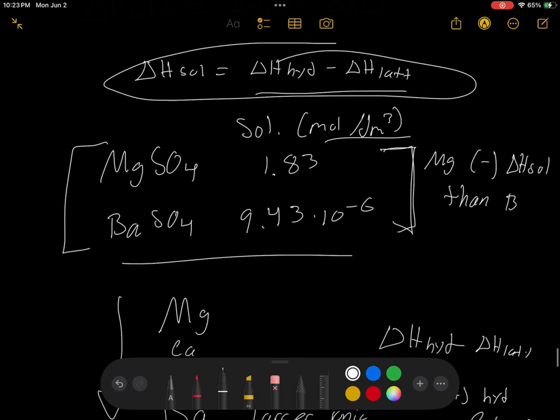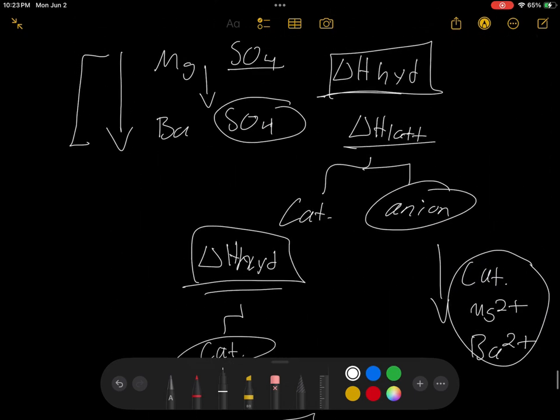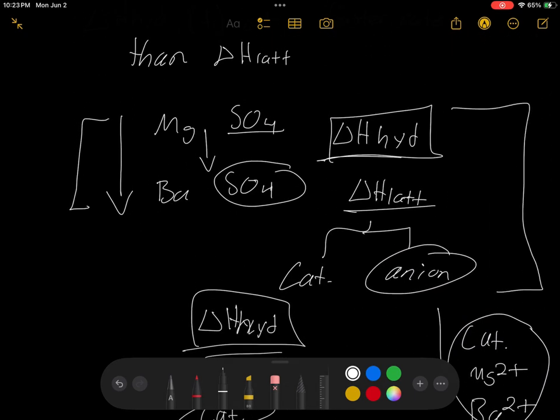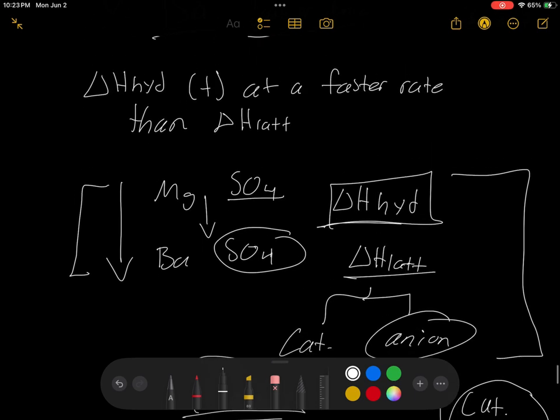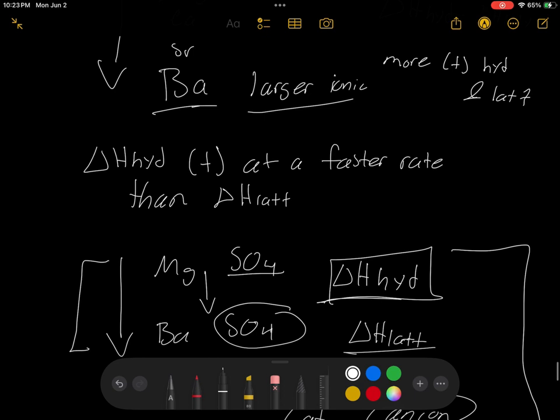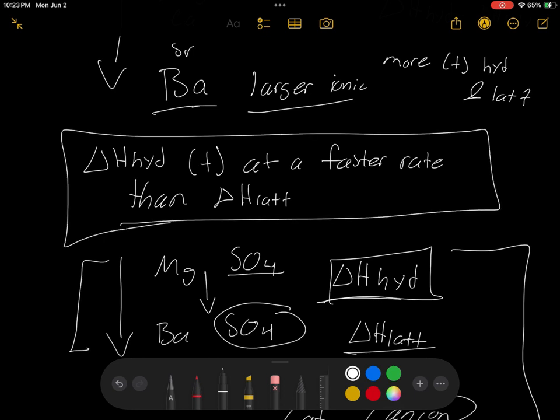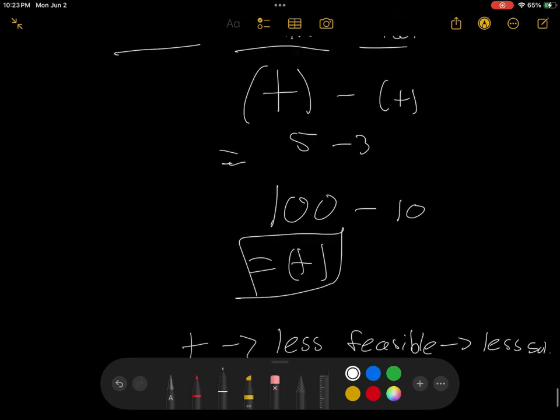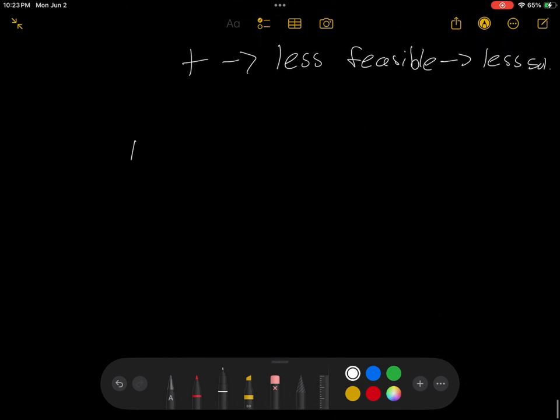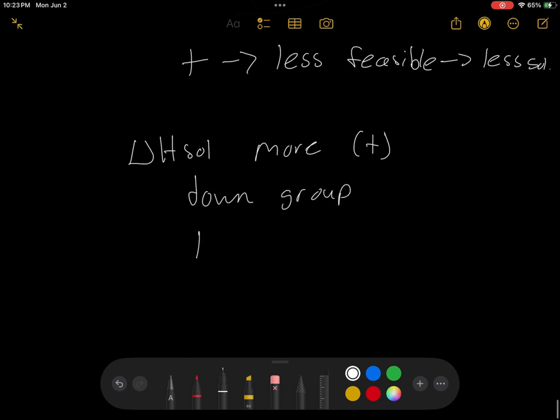So that explanation was super choppy. But all you really need to know is that hydration increases at a faster rate than lattice energy, which, long story short, more times than not means that delta H solution becomes more endothermic down the group, which means we become less soluble down the group.